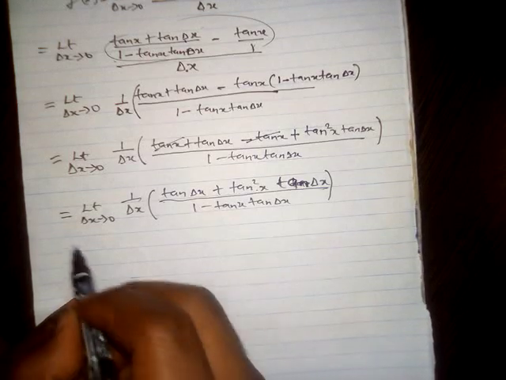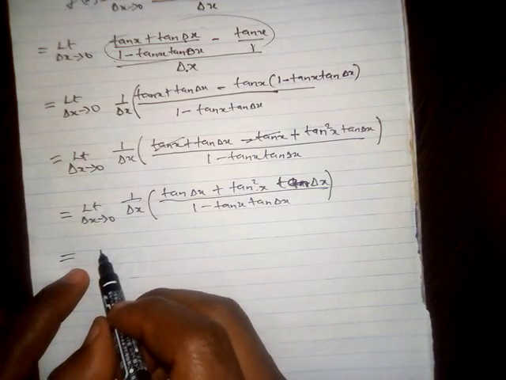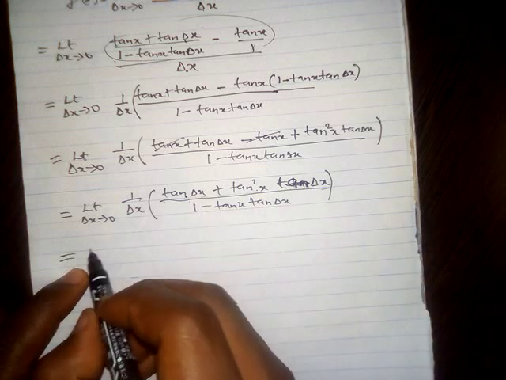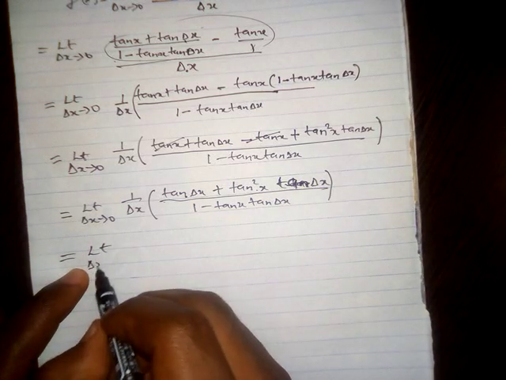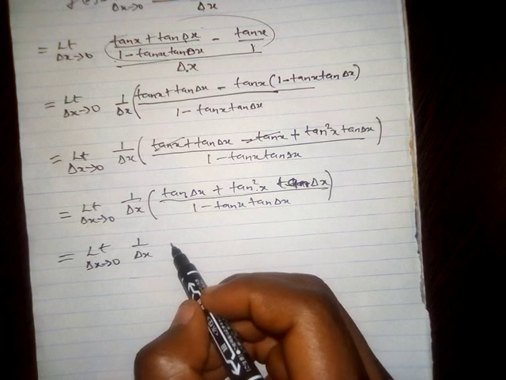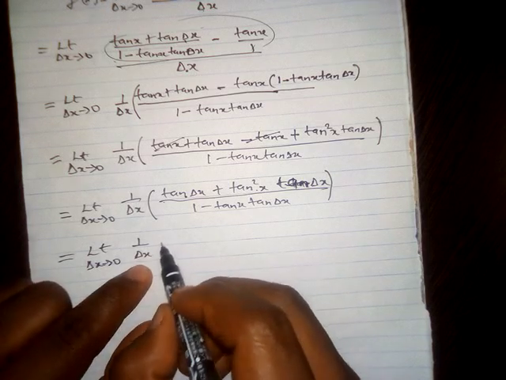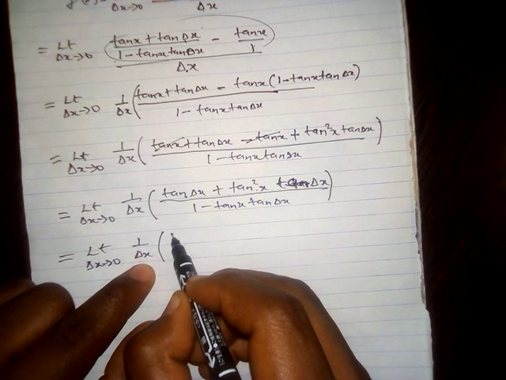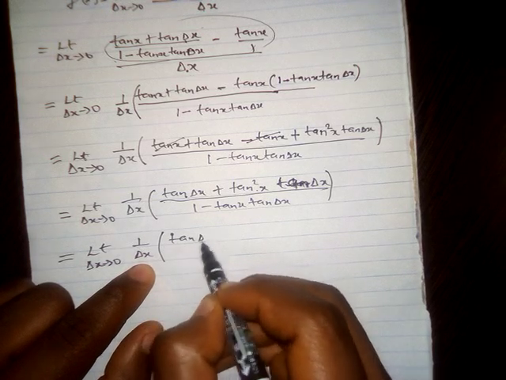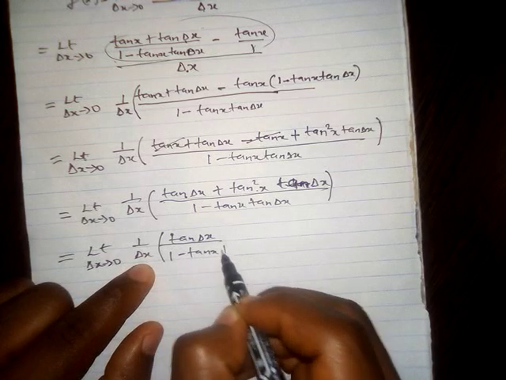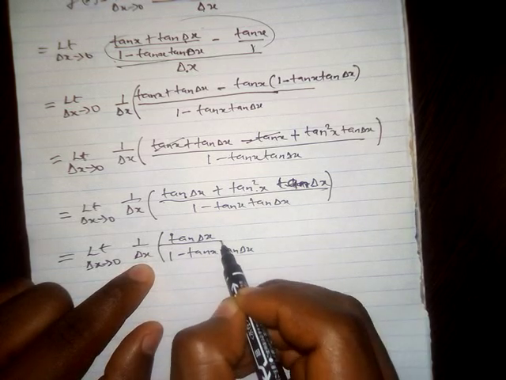Okay, now I'll factorize tan change in x outside. So this is the limit as change in x approaches 0 of 1 over change in x. Now factorizing this outside, I'm going to have tan change in x all over 1 minus tan x tan change in x.